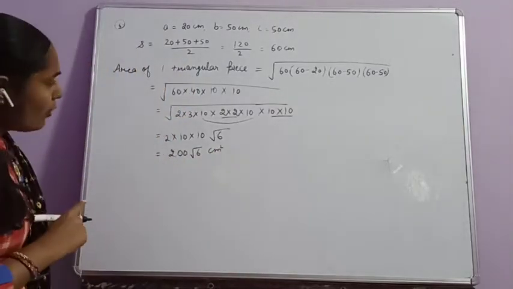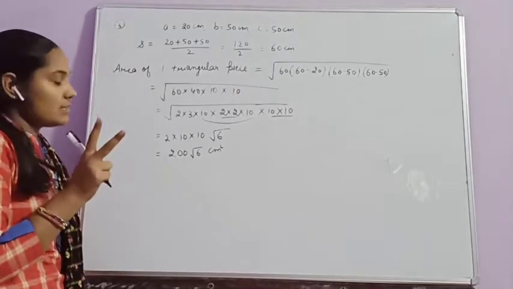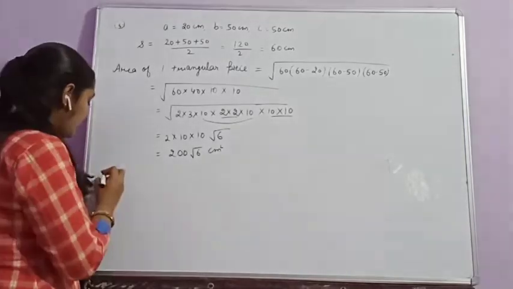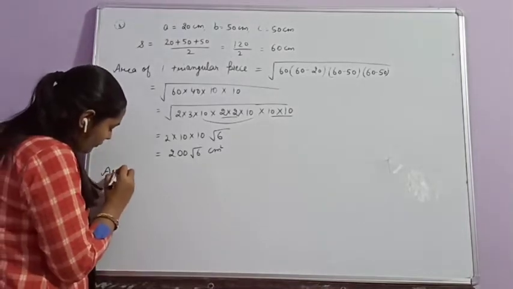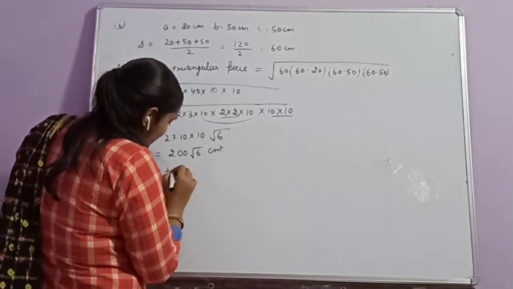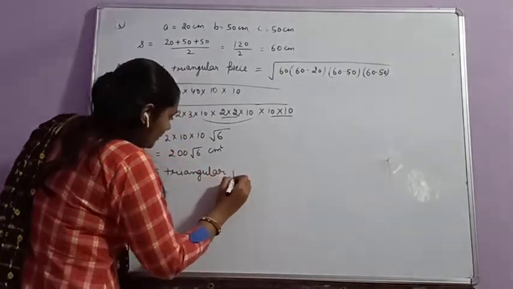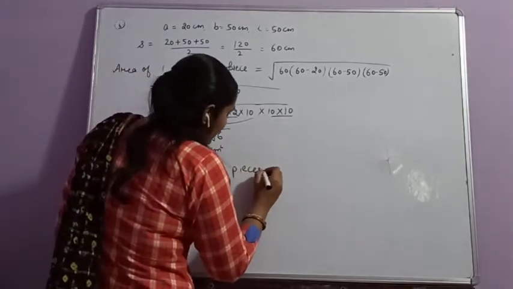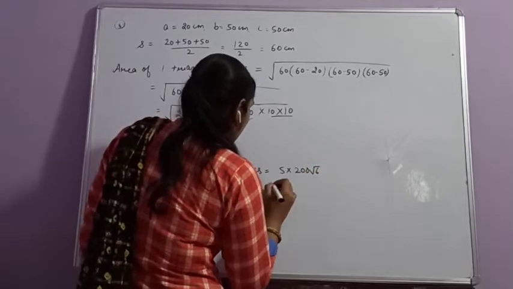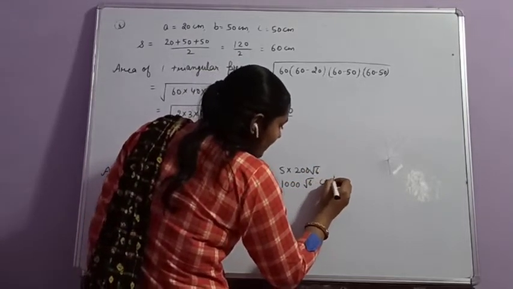That is the area of one triangular piece, and we know that there are two colors, and one color has 5 triangular pieces. Then the area of 5 triangular pieces is equal to 5 multiply with 200 root 6, that is equal to 1000 root 6 square centimeter.